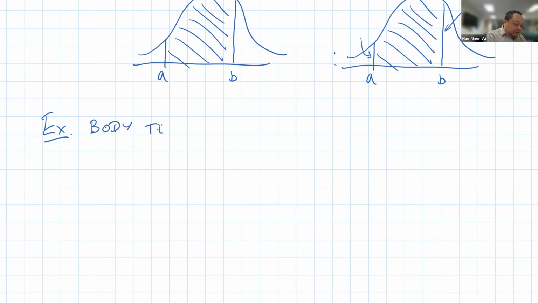So body temperature of a healthy, probably kids as well, but adults' health data in general are more stable. So let's just assume adults.